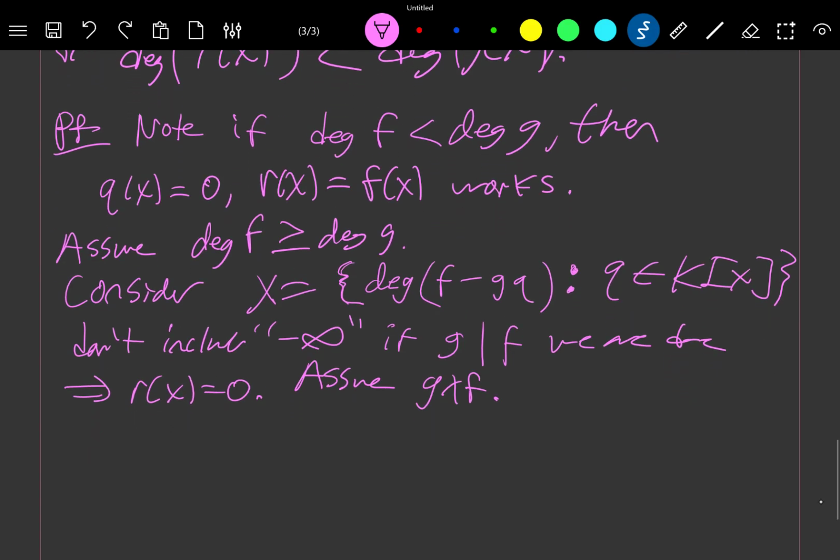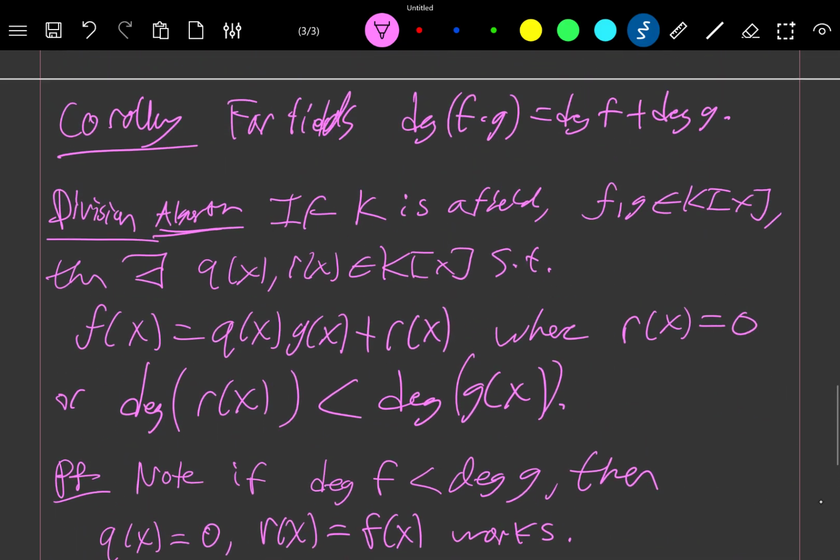So the first claim: we note the set is not empty, because just take q equal to 0, and the degree of f is assumed to be positive, and we're done. We probably should specify here that g is not the zero polynomial.